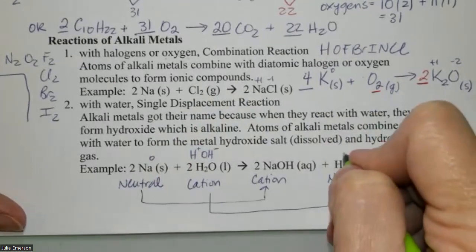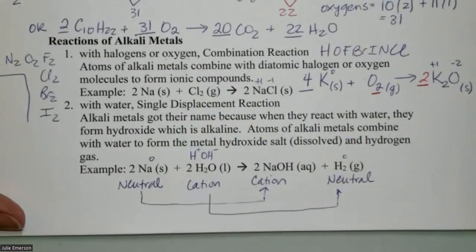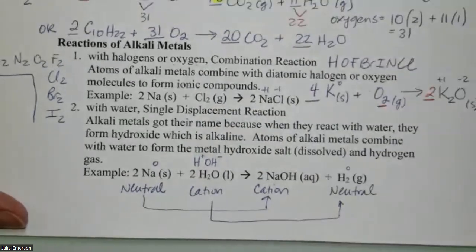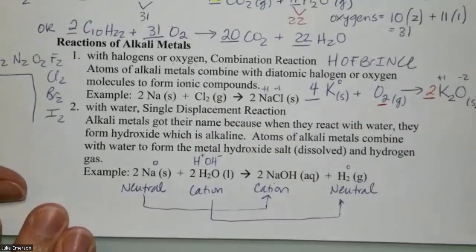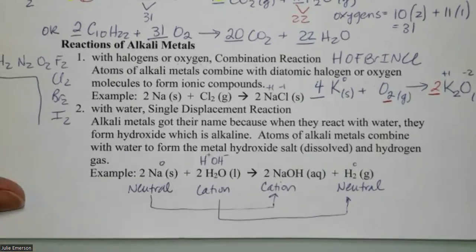Now, hydrogen, again, part of Hofbrinkel, so that's why it's showing up as a diatomic as H2. Now, with single displacement reactions, we're going to need a little more information, but we're not quite there yet. It's going to be the activity series of metals, if you remember seeing that. But they actually talk about this more in chapter 5.